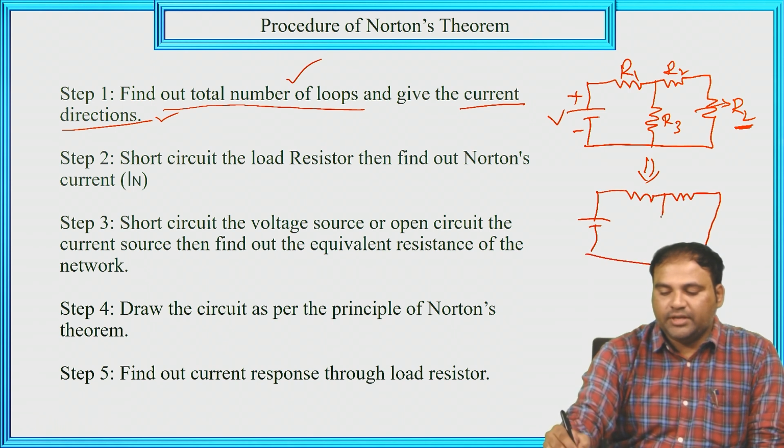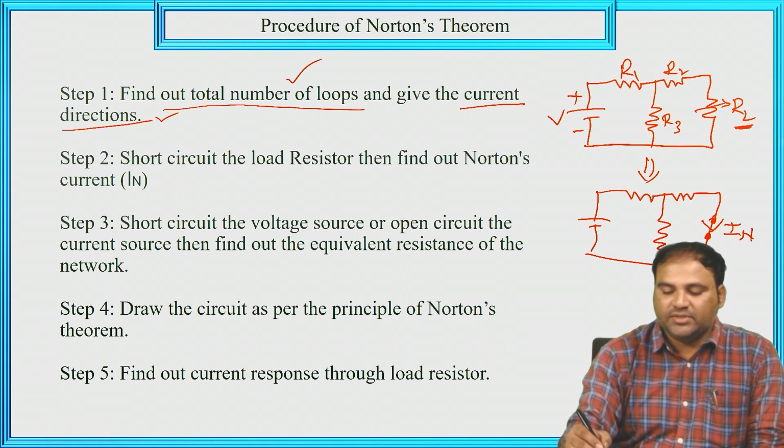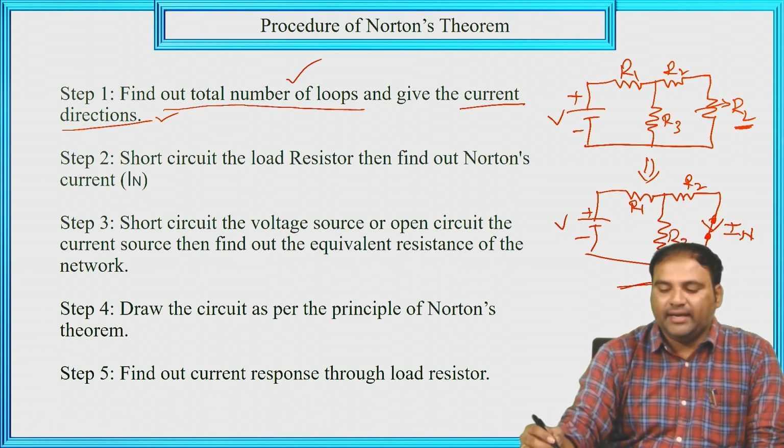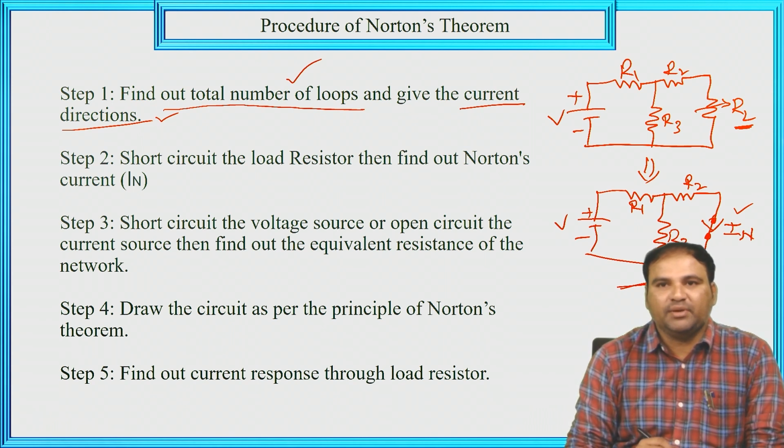Here the load is short circuited. Across these terminals we need to calculate Norton's current IN. Similarly, the voltage is V, and the resistors are R1, R2 and R3. By calculating this circuit, we will get Norton's current IN. That is step number 2.